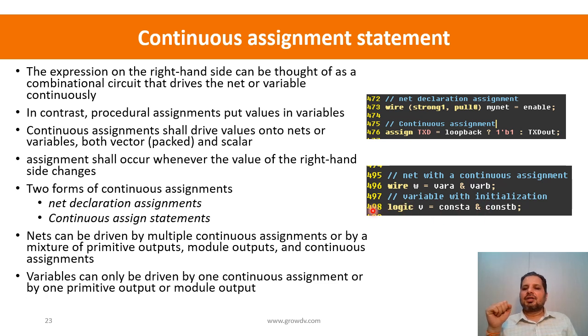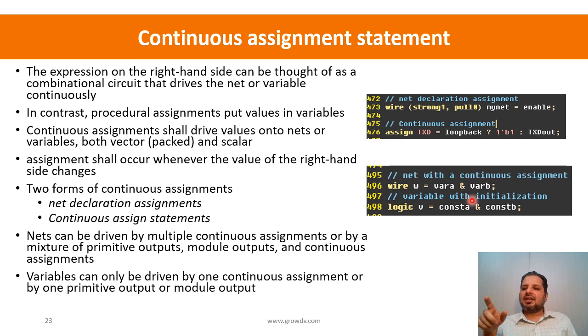Now if I contrast that with the variable, now the logic is variable. So here this initialization on line 498 happens only once. This is a very important point that you have to notice: when you do a wire declaration, it becomes a continuous assignment statement, and whenever variable a or variable b changes, the value gets updated onto the target wire w. But when I declare a variable and say variable v equal to const a and b, then the right hand side gets evaluated only once, and the value gets stored.